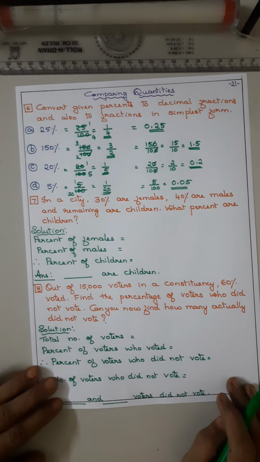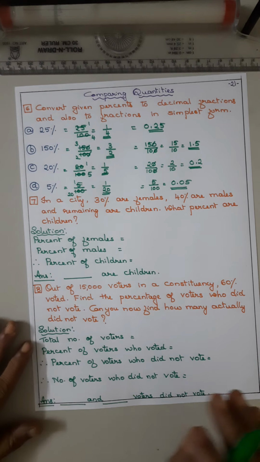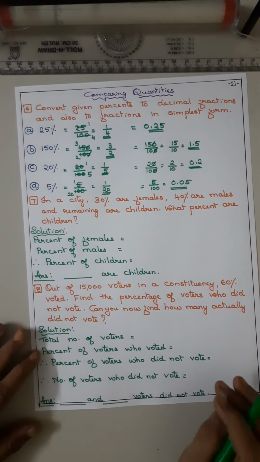Did you understand? So write in fraction and convert into the simplest form, and in decimal, if they ask, write this. For writing in decimal place, the denominator should be 10, 100, 1000, like that. Okay, now coming to the word problems.